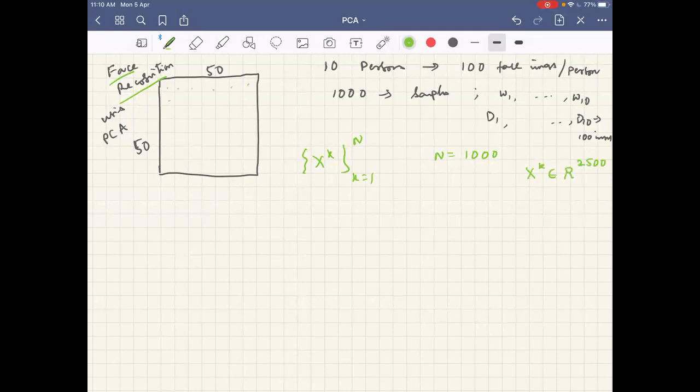All pixels are the features now. Each pixel gives a piece of information and is considered as a feature. So the feature vector xk will range from xk1 to xk2500, a 2500 cross 1 feature vector. Is this clear or not?